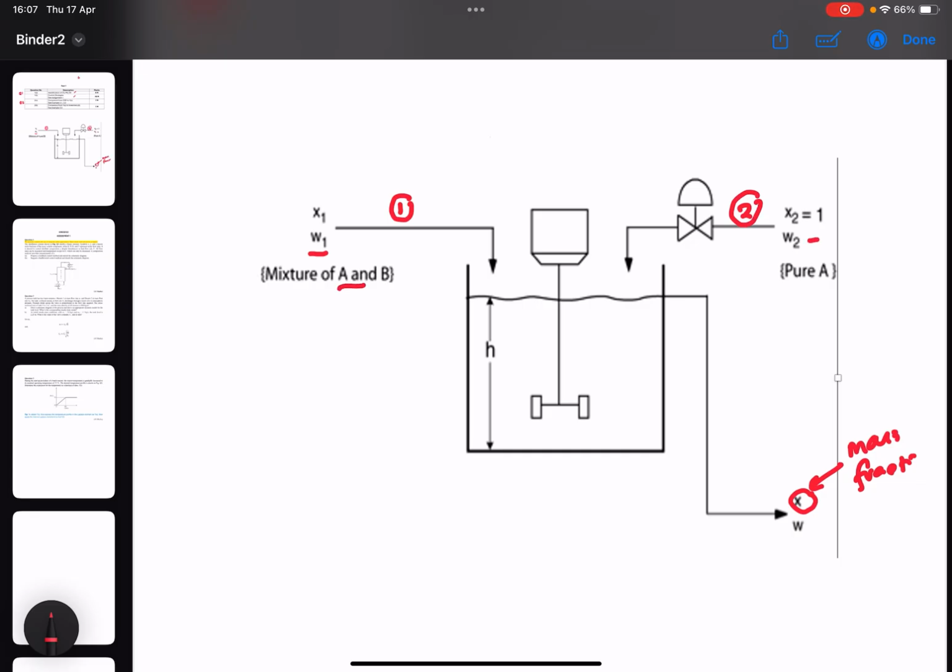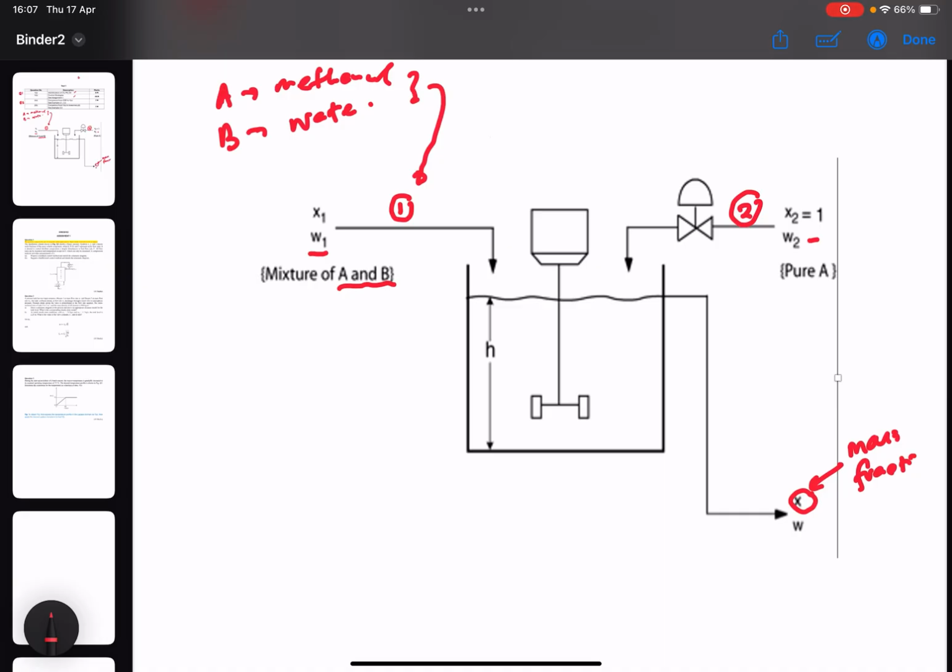This is the mixture of A and B. A and B can be anything, that's why they generalize it. For example, A refers to methanol and B is water. So in stream number 1 we have a mixture of A and B, and they enter into my tank.